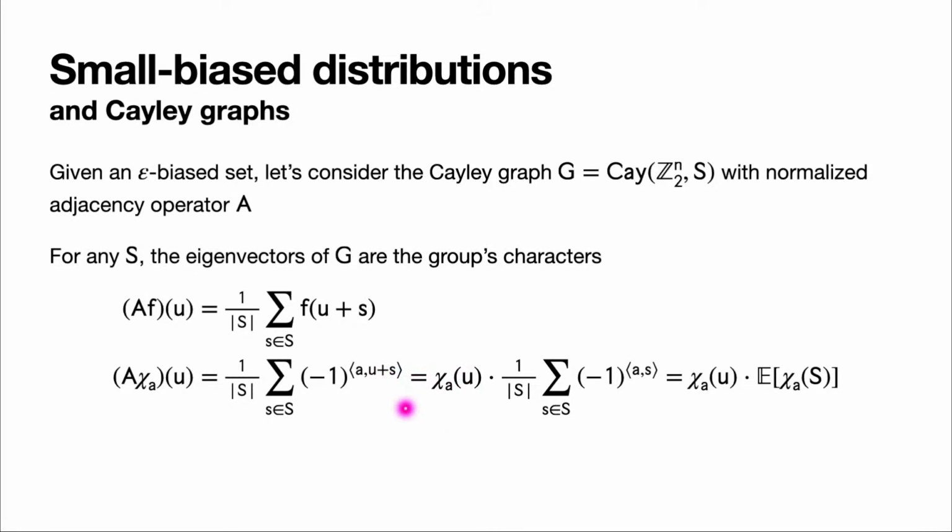And now we can pull chi a of u outside the sum. So what we get is chi a of u, which is exactly the same thing we have here, times the expectation of chi a over my epsilon bias set.